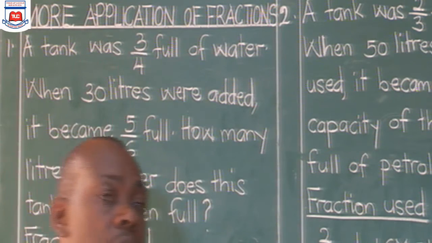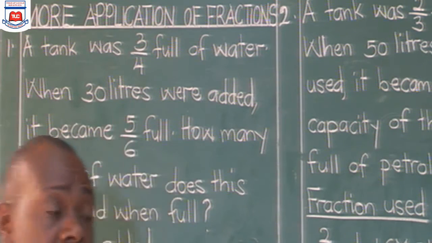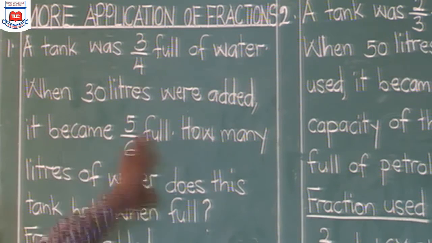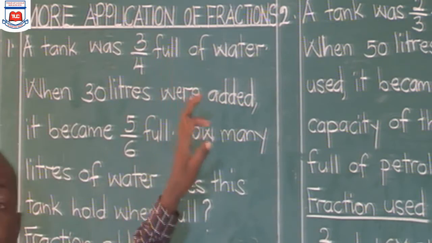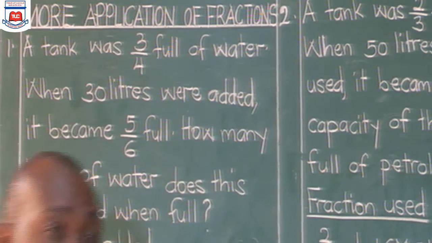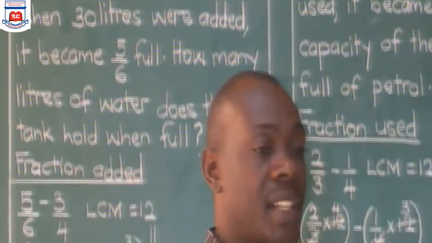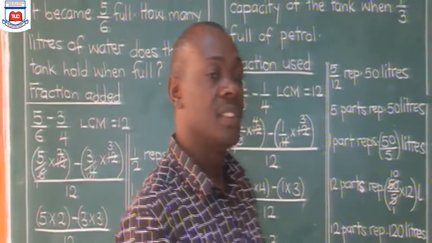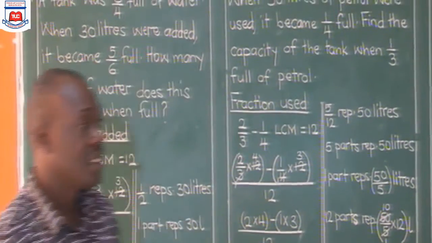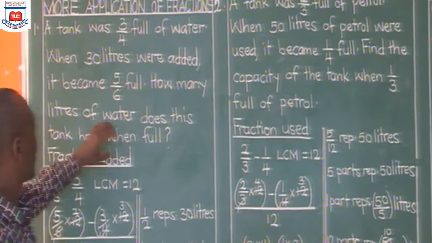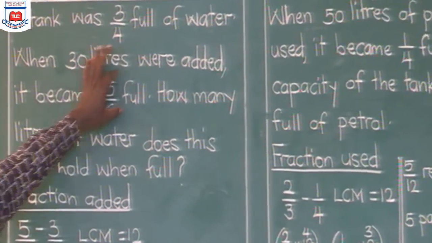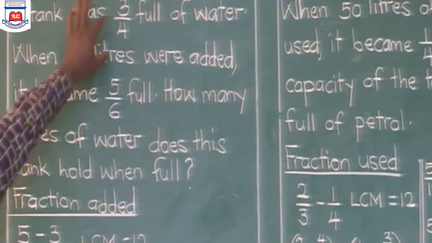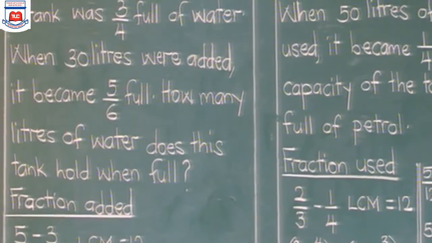Again, ask yourself what happens to the level of water when one adds on more water. Good. The level of water increases. Therefore, the new fraction, the 5/6, is greater than the 3/4.